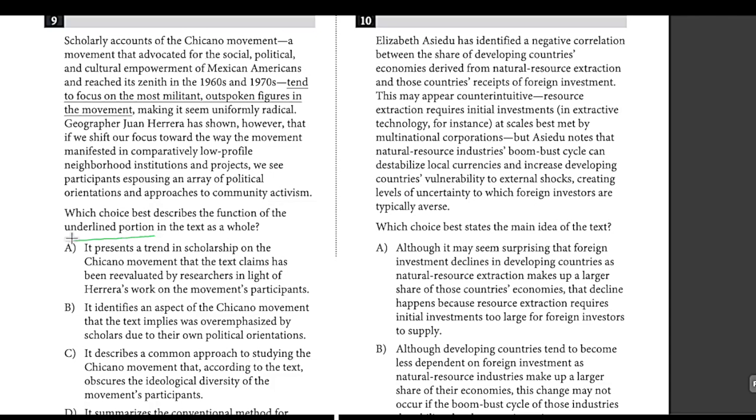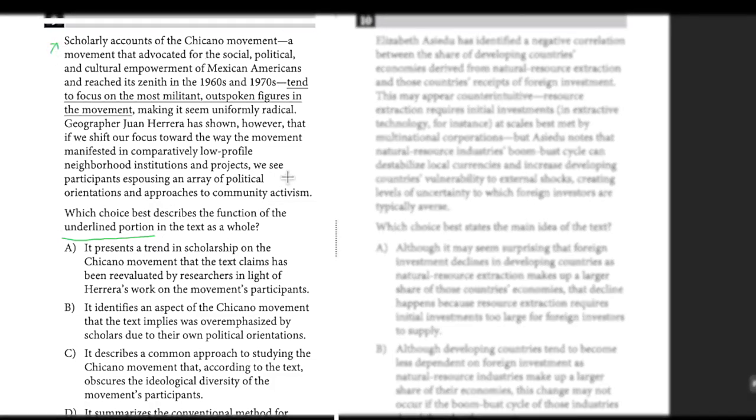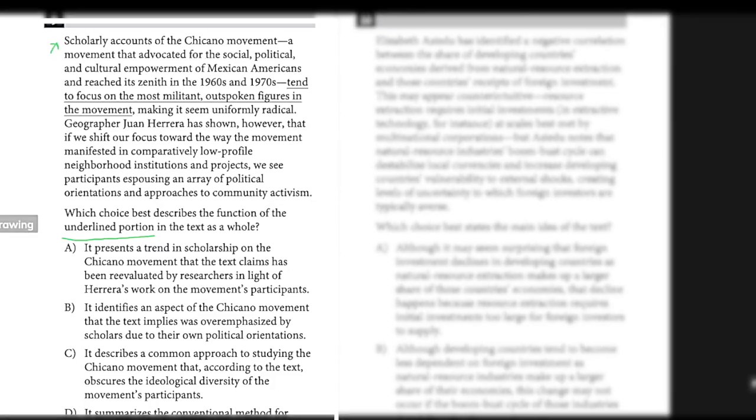All right, we got another underlined portion. This sentence actually starts at the beginning, just a really long sentence, but let's see if we can still be a little bit lazy. Scholarly accounts of the Chicano movement, and then we have this huge chunk of non-essential information. How do I know? Because there's a dash sandwich.